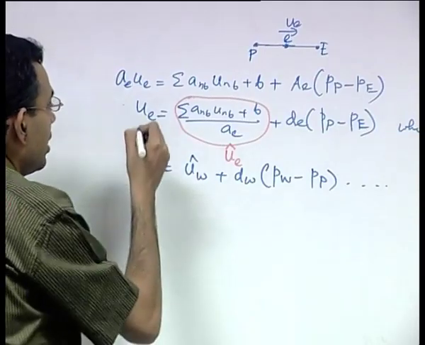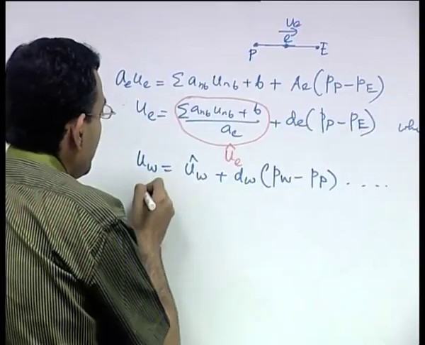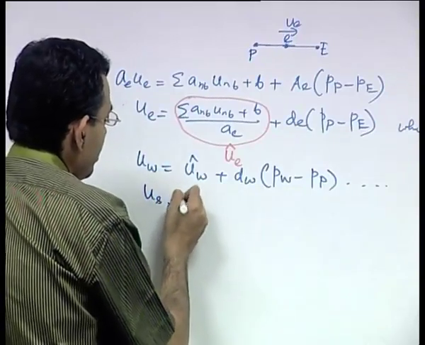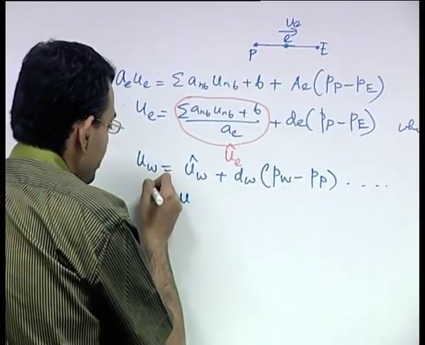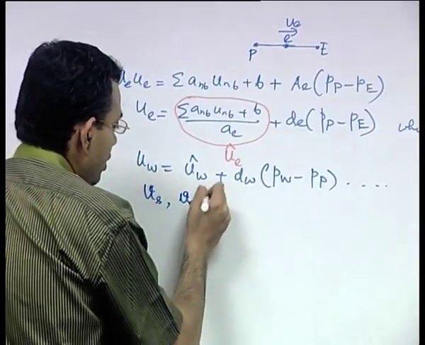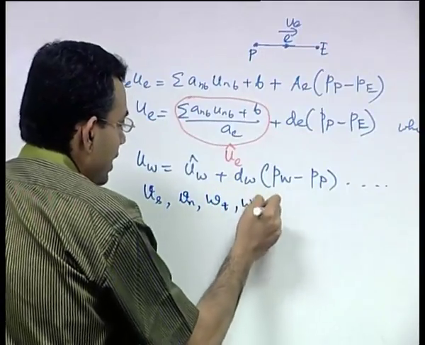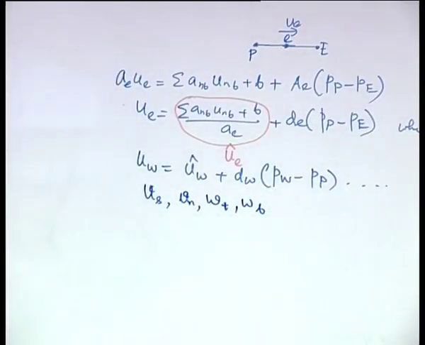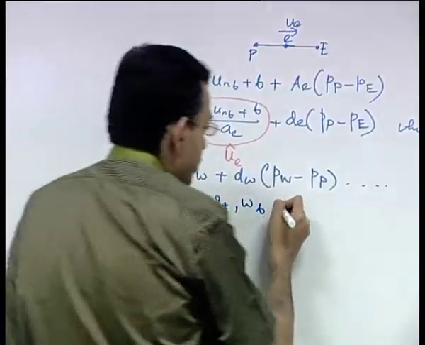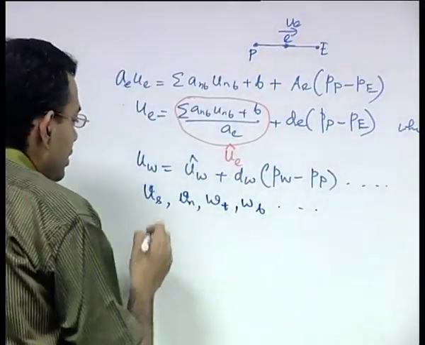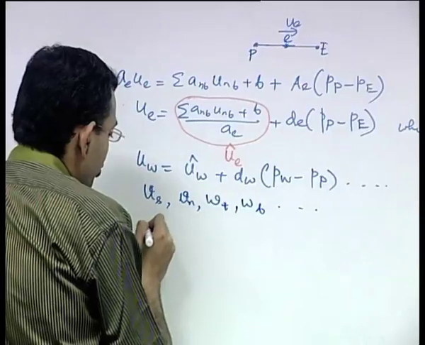So similarly you will have US, VS, VN, WT, WB, like that, all with similar formulas.